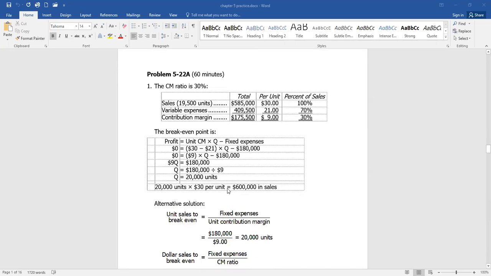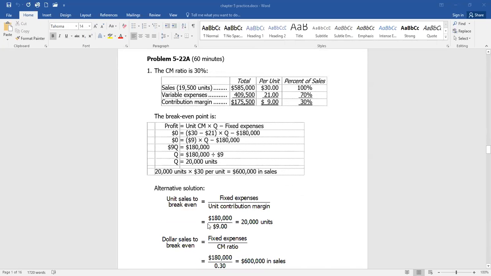So we've seen unit sales a couple times. Take the fixed expenses divided by your unit contribution margin. So 180,000 is the amount of fixed expenses. If we make $9 per battery, divide that, you have to sell 20,000 units or batteries to break even.